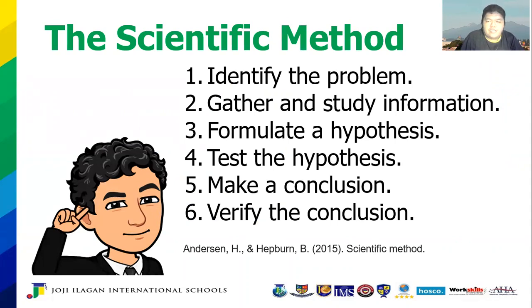So first is the Anderson Hepburn definition of the scientific method, and there are 6 steps: identifying the problem, gathering and studying information, formulate hypothesis, test the hypothesis, make a conclusion, and then verify the conclusion. That's their version of the scientific method.